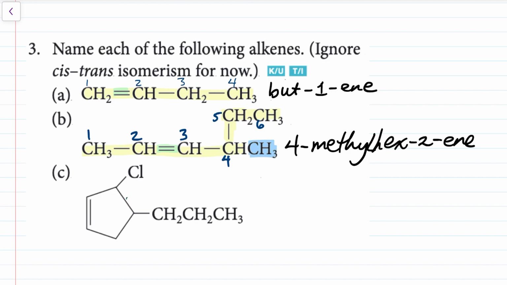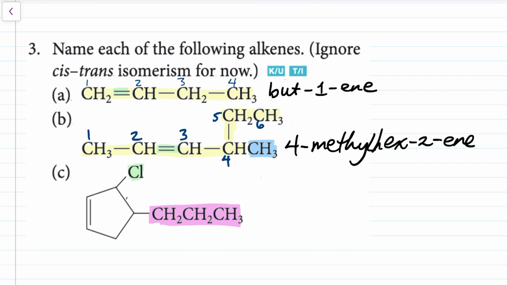All right. This next one is interesting because we got a chloro going on here. And we've got an N-propyl going on here, or just propyl. And that's fine. Now for numbering.